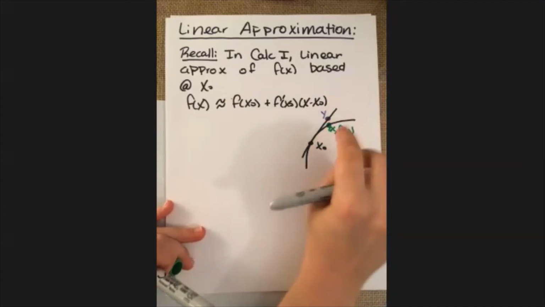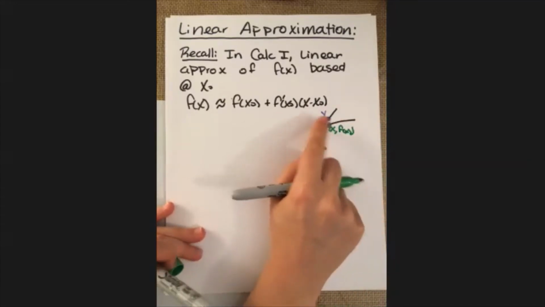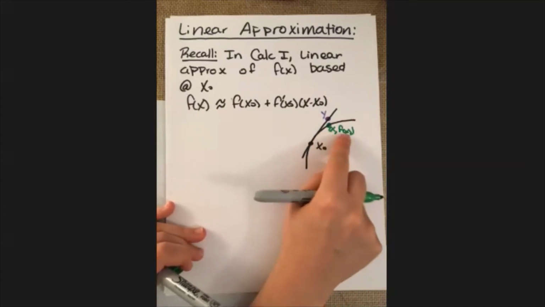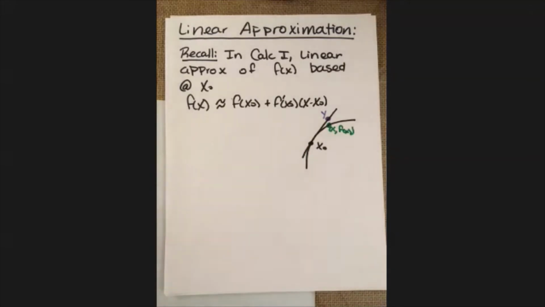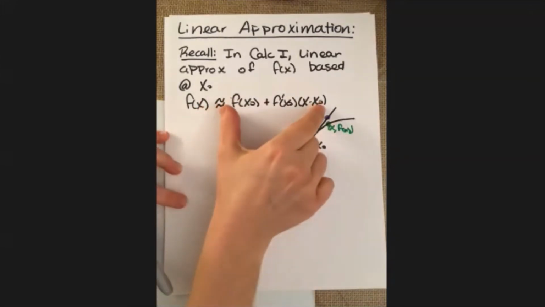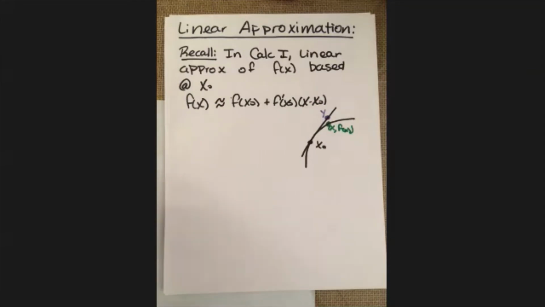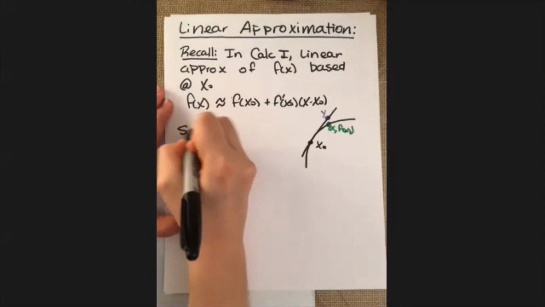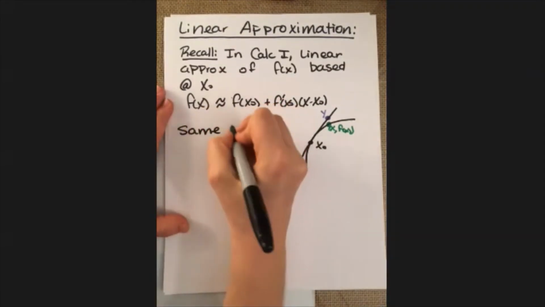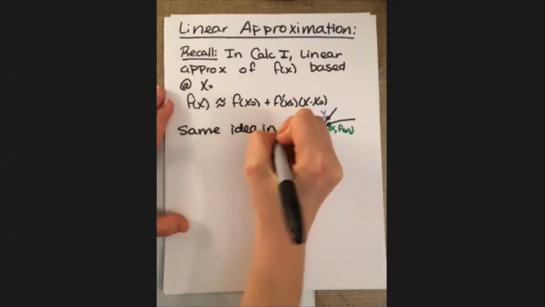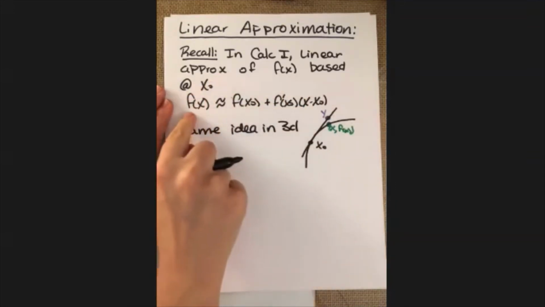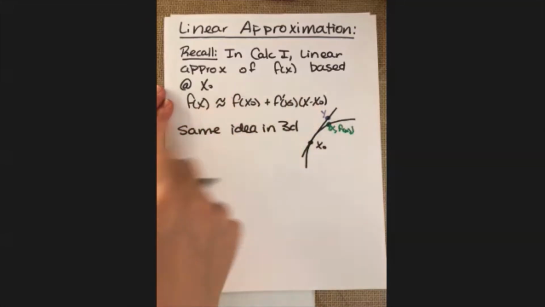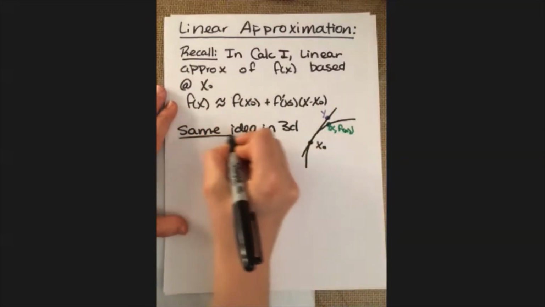These two are pretty close, but this one on the tangent line is way easier to compute than the actual value here. So we're able to approximate it based off of the tangent line. And we have the same idea in 3D, except this time, instead of using the tangent line to do the approximation, we will use the tangent plane.